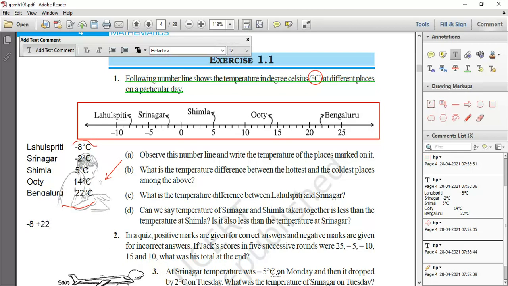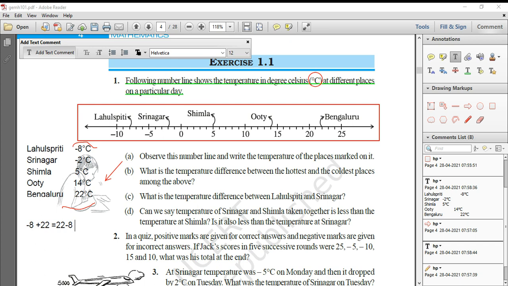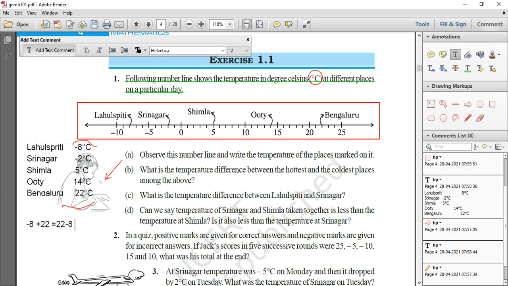As you know, minus minus equals plus, or in the simple way, it means 22 plus 8... the answer is 14.